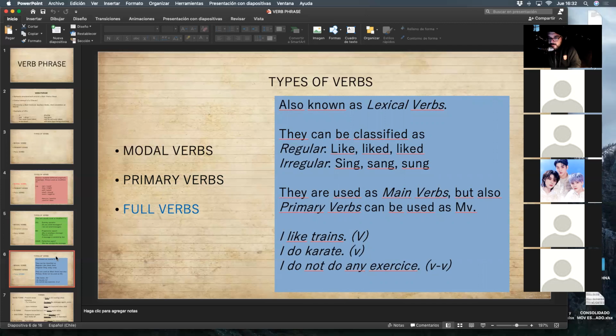On the other hand, if they don't follow that rule, they are considered irregular, right? They are used as main verbs, but also primary verbs, as we already saw. Examples are: I like trains, I do karate, I do not do any exercise, right? Nothing new, I would say.